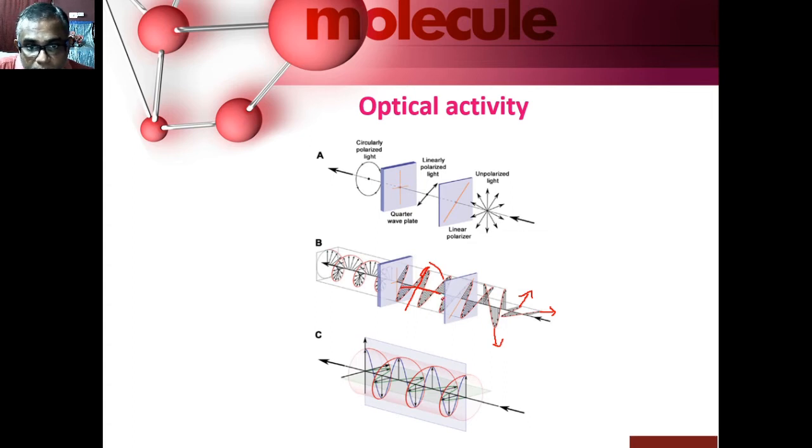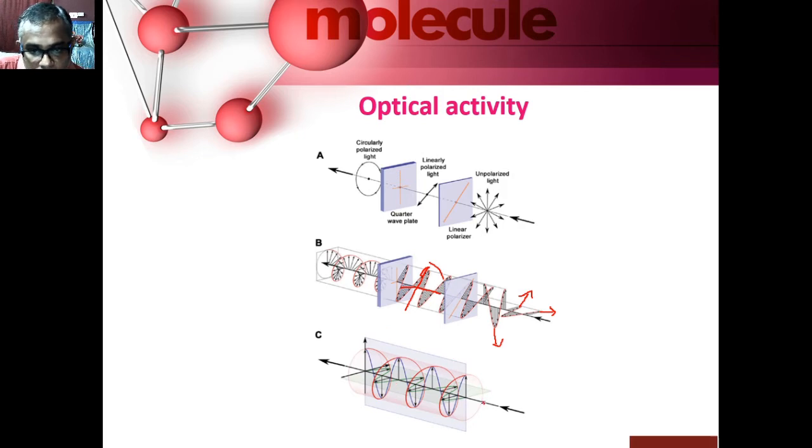So this is what we call a plane polarized light. Now when this plane polarized light is passed through a quarter wave plate, then you get a circularly polarized light. Now you can see the direction of propagation is no longer linear, the direction of propagation becomes circular. So this is what is explained here.